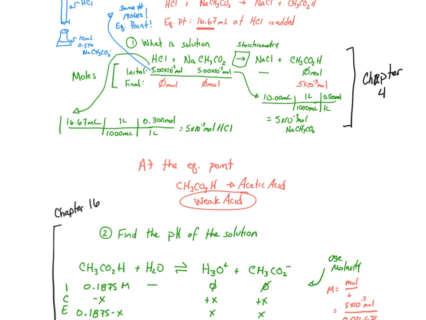And so before we can figure out what method of finding the pH to apply, we have to find what is in solution and then apply the tool for finding the pH of that solution.